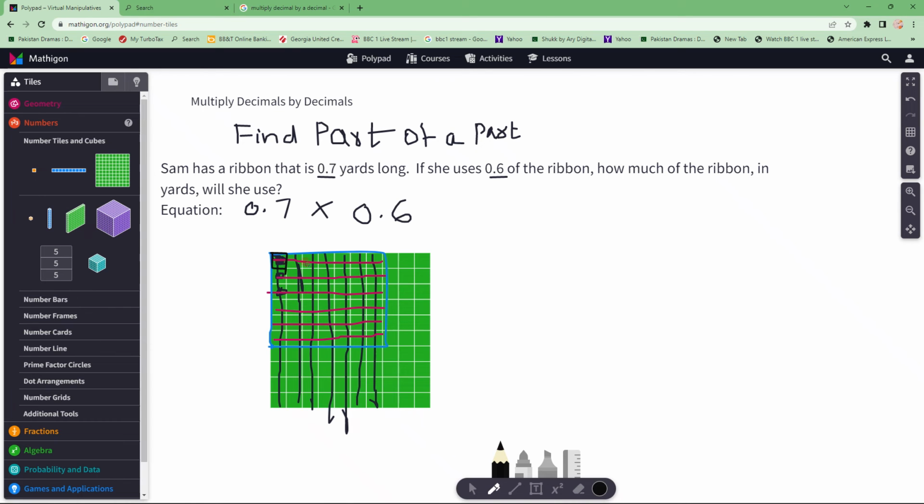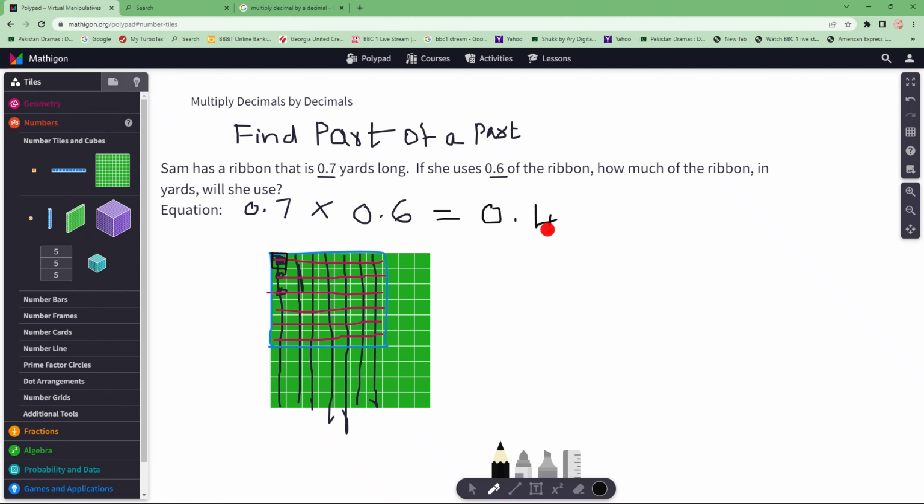So 1, 2, 3, 4, 5, 6, 7, 8, 9, 10, 11, 12, 13, 14, 15, 16, 17, 18, 20, 21, up to 42. So I have 42 hundredths here. So my product is 42 hundredths, right?